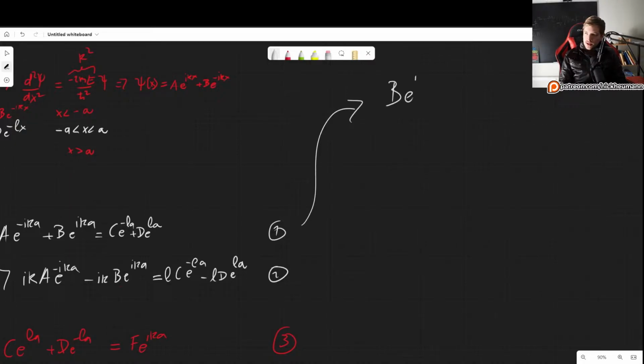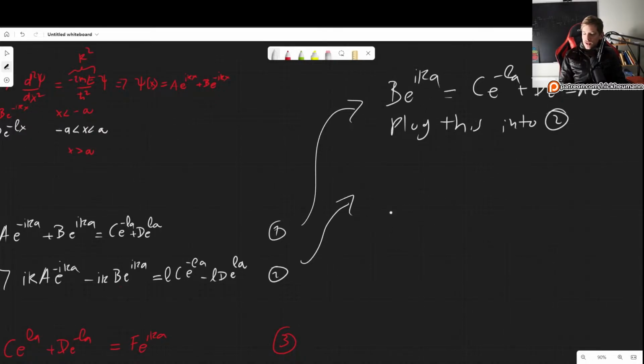So BE^(IKA) is CE^(-LA) plus DE^(LA) minus AE^(-IKA). And we want to plug this into equation 2. So by doing that, we get IKA e to the minus IKA minus IK times this thing.